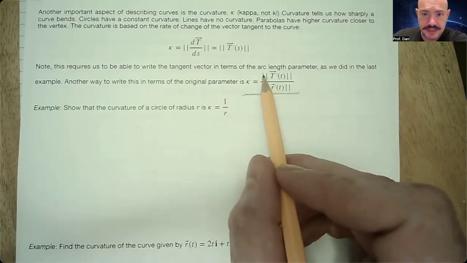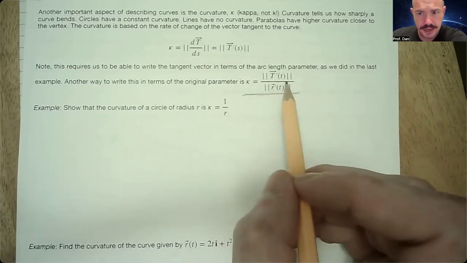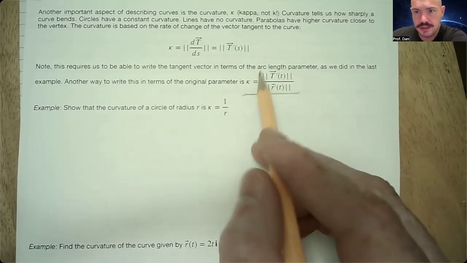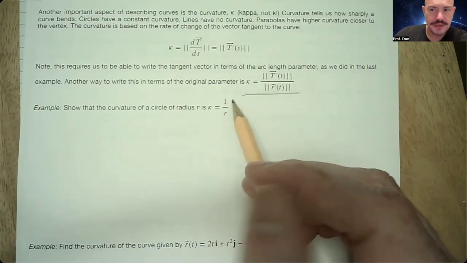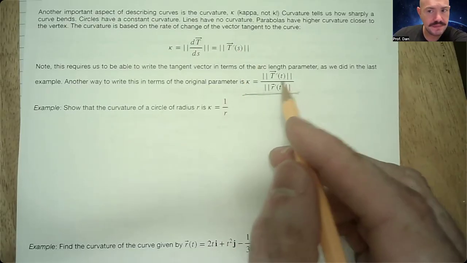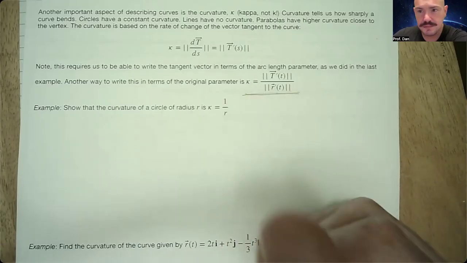That's the magnitude of T prime divided by the magnitude of r prime. And side note, curvature is represented by the Greek letter kappa, not k. It's kappa, kappa, no cap.